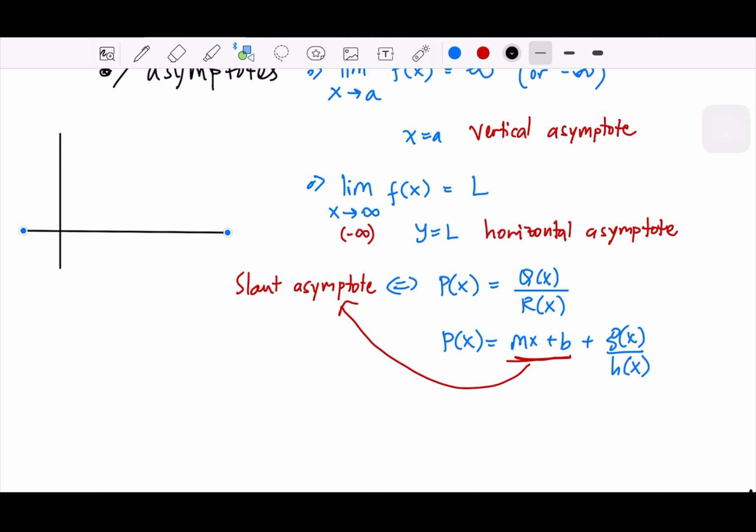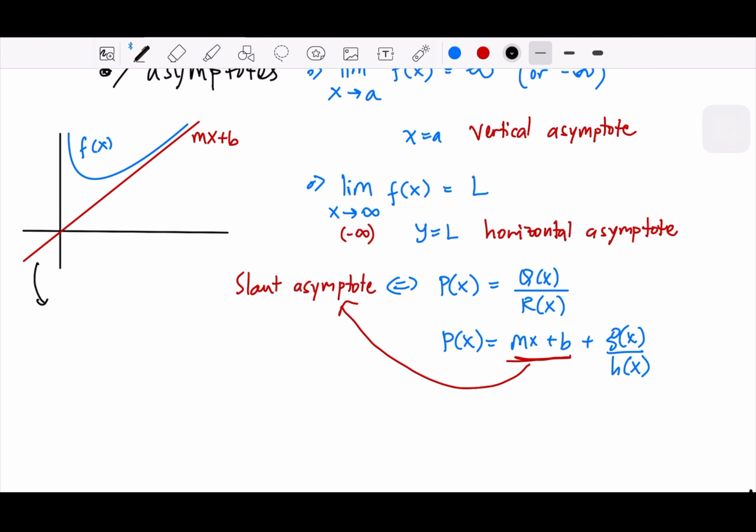So let me just draw what slant asymptote means in geometrical view. Let's say we have this red line here, a linear equation, and then we have a curve, the blue one, like that. We are going to see that the curve, at a certain point when it approaches positive infinity or negative infinity, in our case here positive infinity, is getting closer and closer to the red line, which is mx plus b.